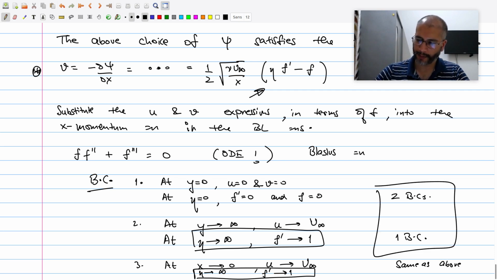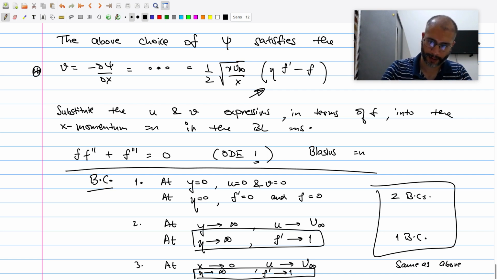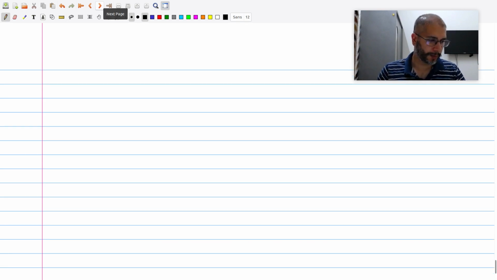Okay, so we have our 3 boundary conditions. So now we can solve this Blasius equation. Blasius did that in 1908 in his dissertation. But it's not possible to get a closed form.